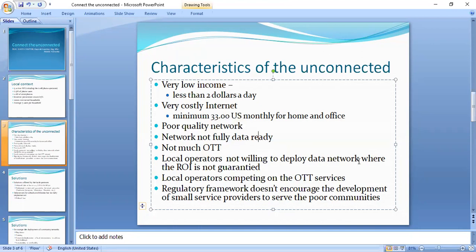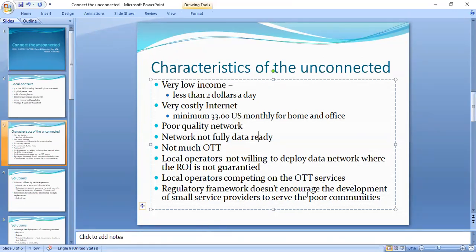For example, rural communities are the most affected by this, because we have a very dispersed habitat, and so it's very difficult for those companies to go after the customers. In that case, the quality of the service those people have access to is very, very low. And as I said before, local operators are competing on the OTT service with the developers.